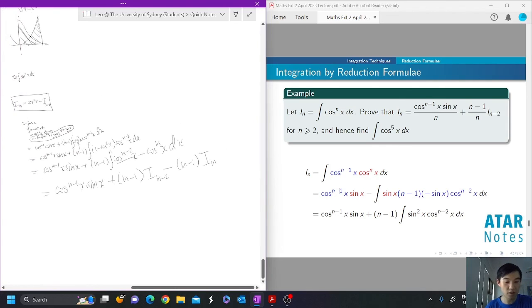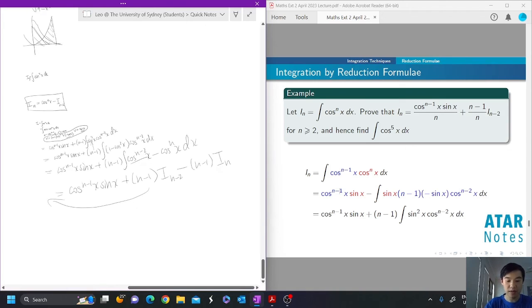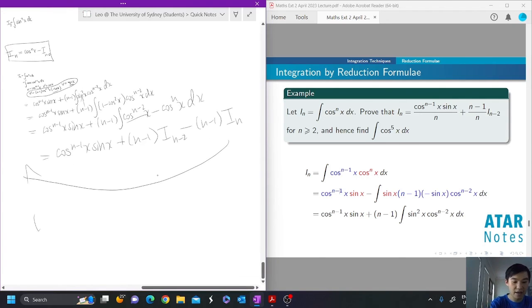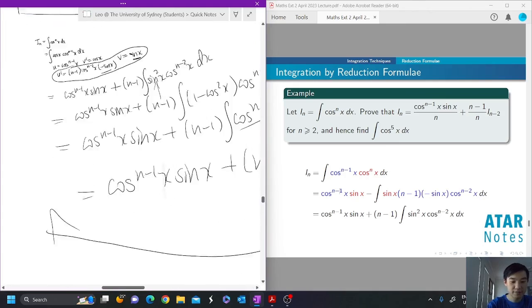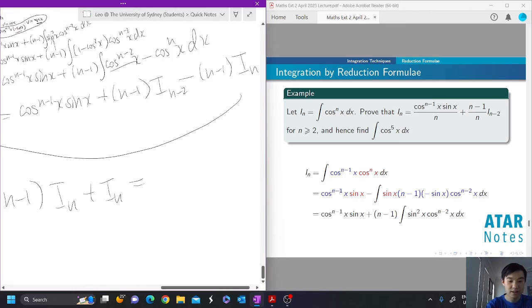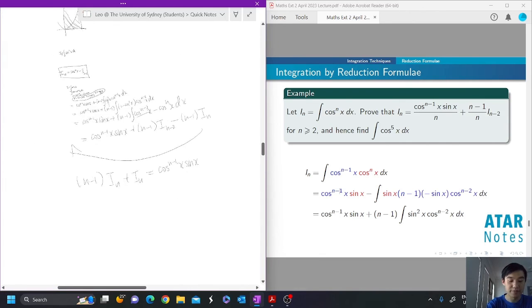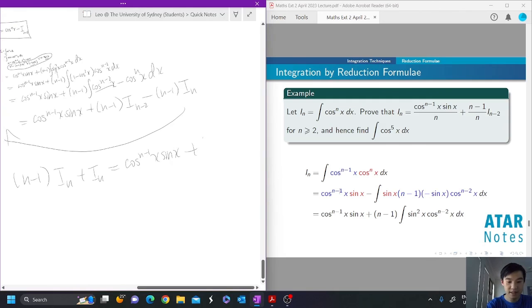So therefore, I can now take this to the other side. I can say that (n-1) I_n plus I_n, because remember on the left-hand side we've got an I_n, is equal to cos^(n-1)x sin x plus (n-1) I_(n-2).